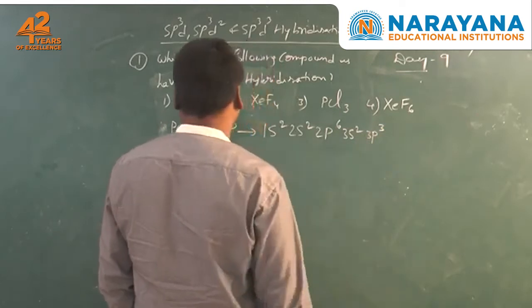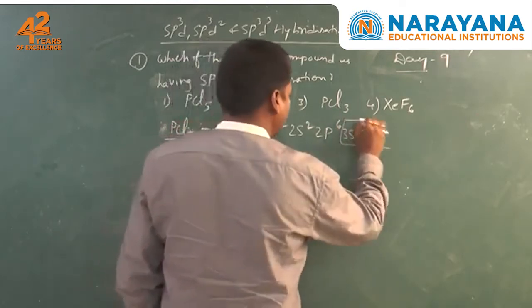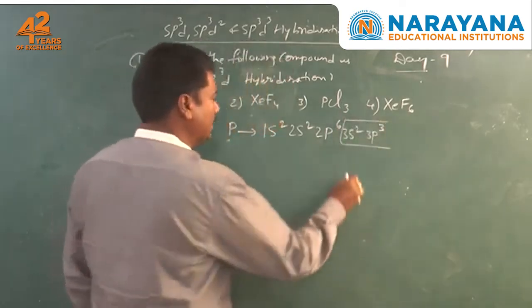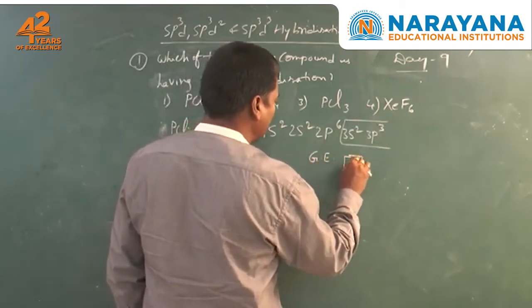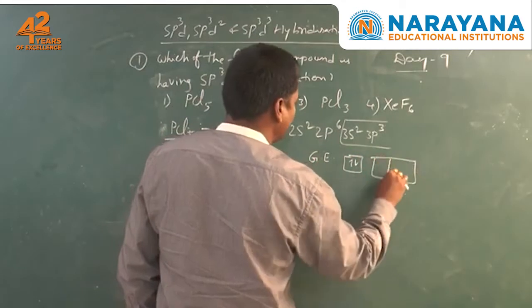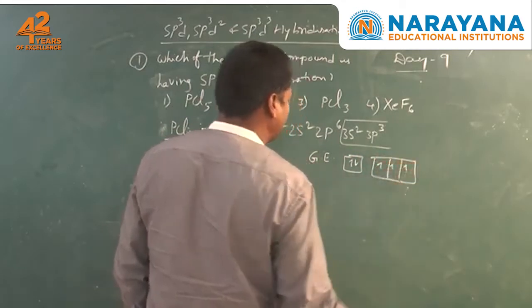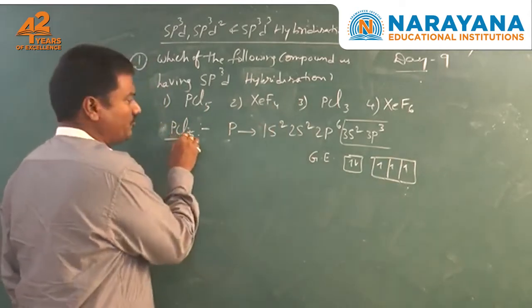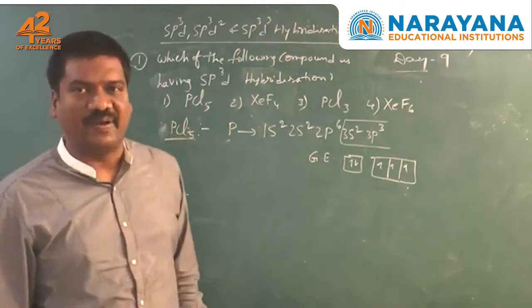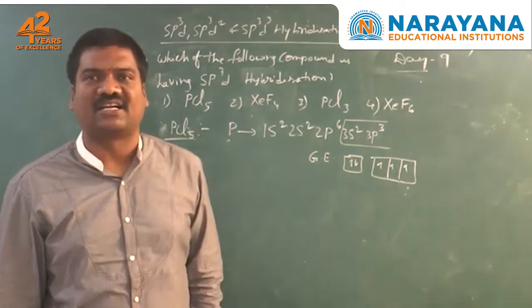Now I am taking the outermost configuration as 3s2, 3p3. In the ground state, 3s2 has 2 paired electrons, and 3p3 means 3 single electrons, 3 unpaired electrons. This phosphorus atom is attached to 5 chlorine atoms, so we require 5 unpaired electrons, but we have only 3 unpaired electrons.